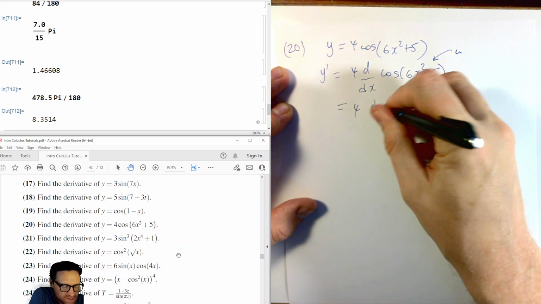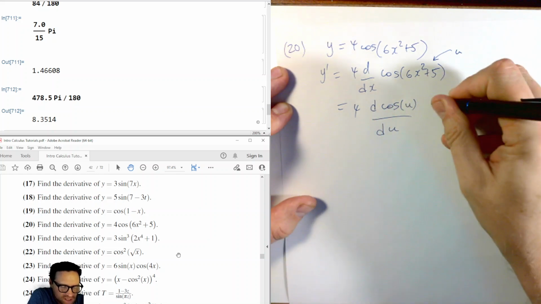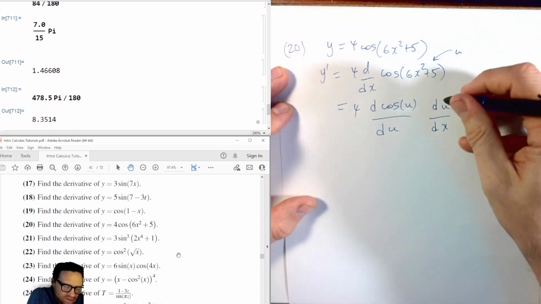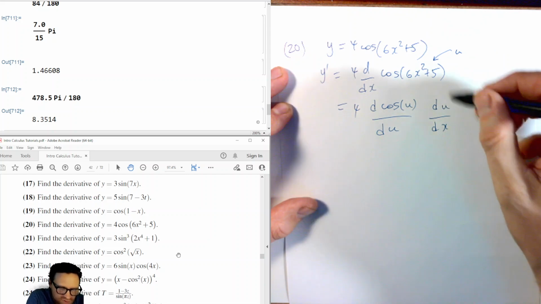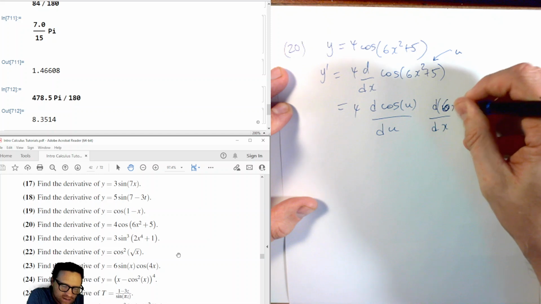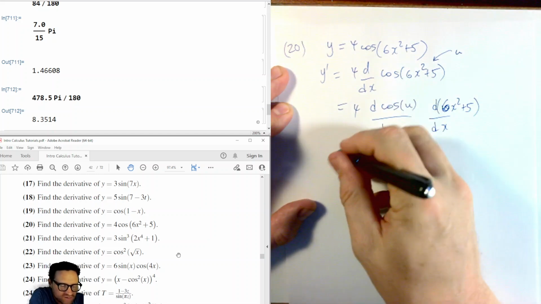So we have 4 d cos of u with respect to u times du on dx by the chain rule. But u is equal to what's in here, so we really want this u to be represented here as 6x squared plus 5. Okay, let's finish this off.